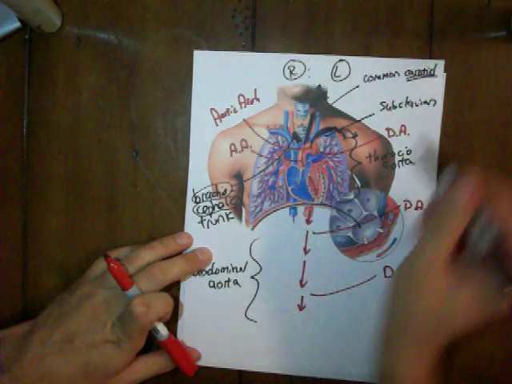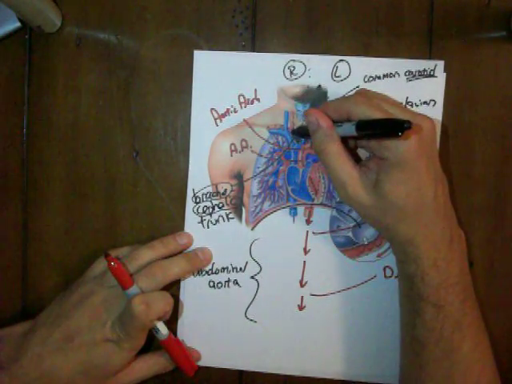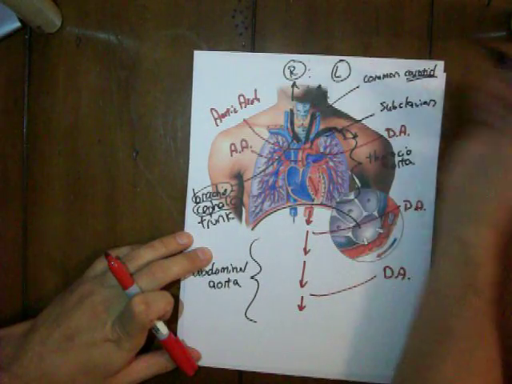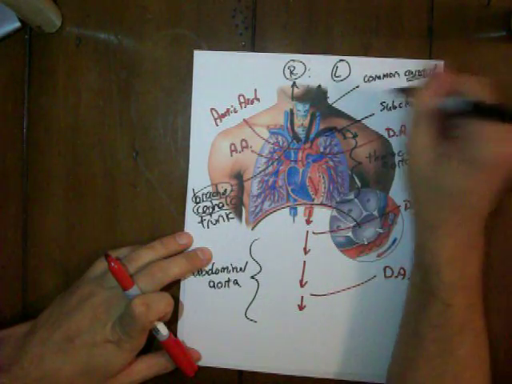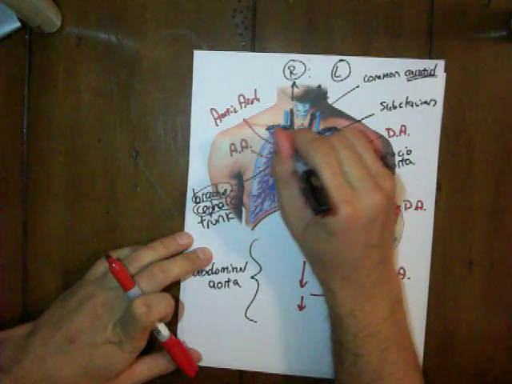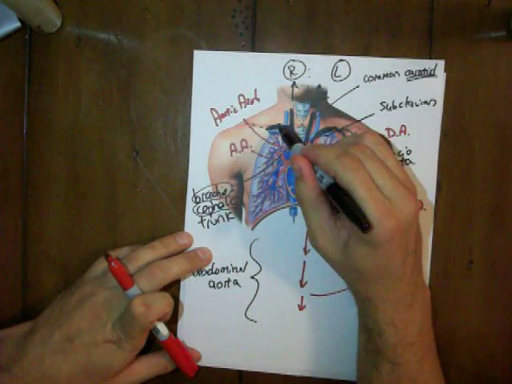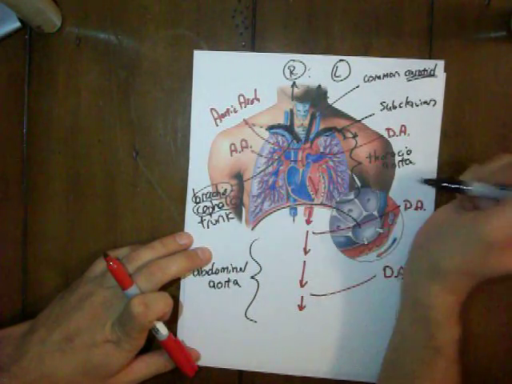And those branches will have the same name as on the left side. So this branch that's running up into the head must be another common carotid. And this branch running to the arm will first dive under the clavicle, and so this must be the right subclavian artery.